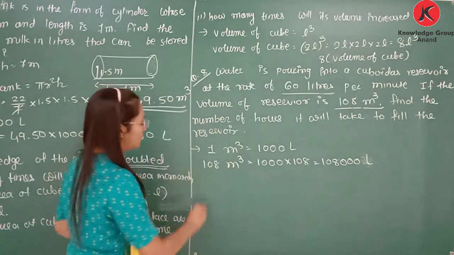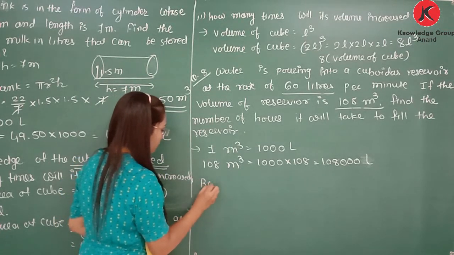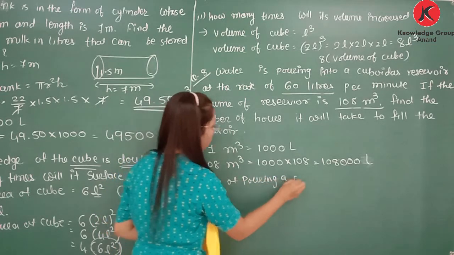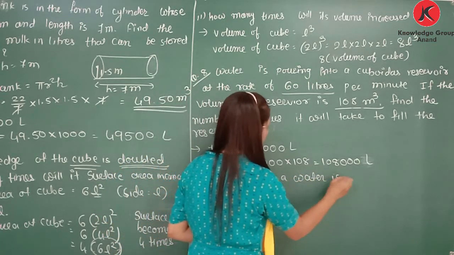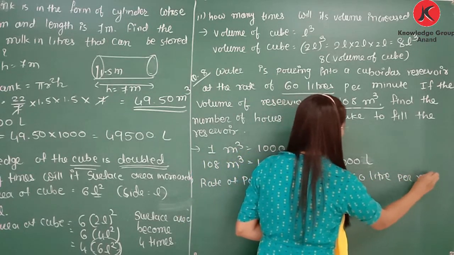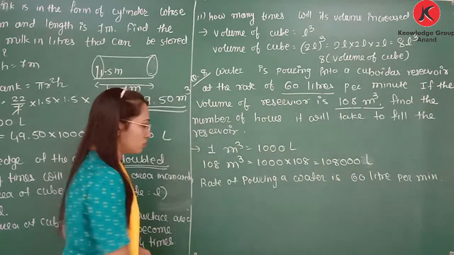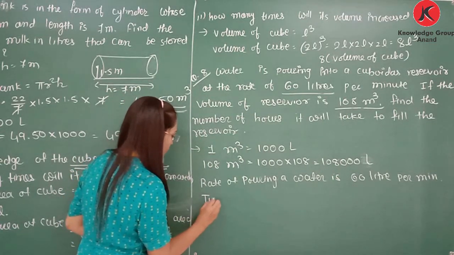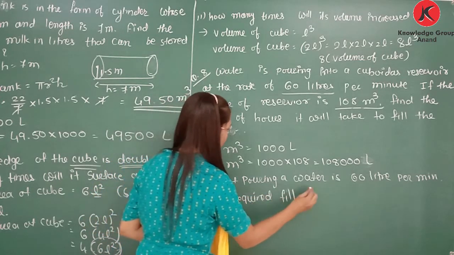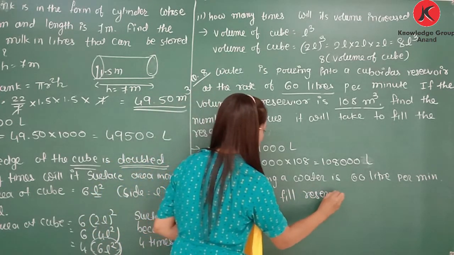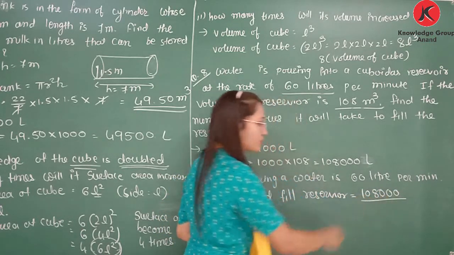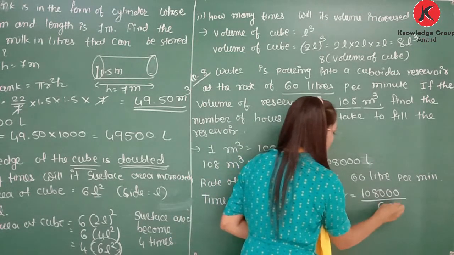Now the rate of pouring of water is 60 liters per minute. So the time required to fill the reservoir is 108000, that is the overall capacity of the reservoir, divided by what is filled in 1 minute.